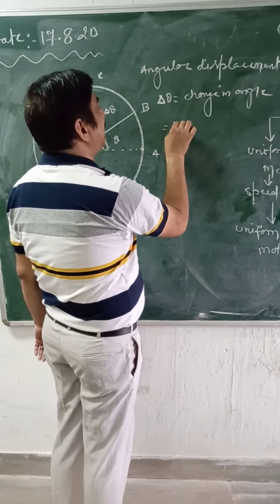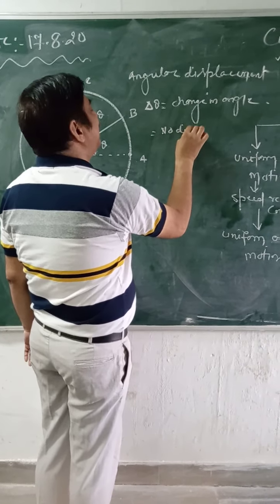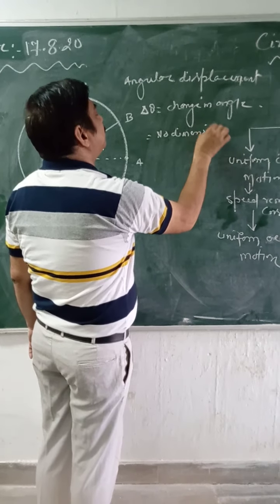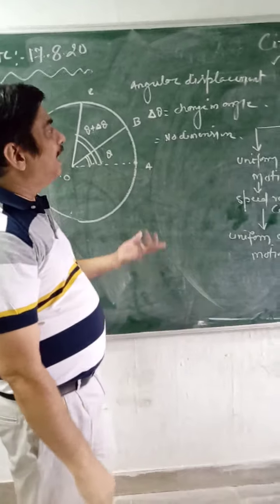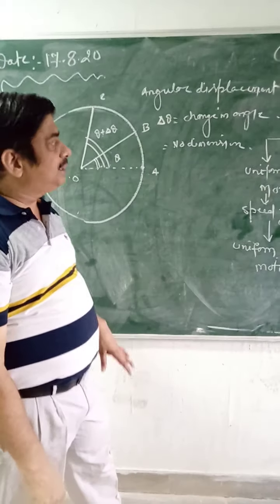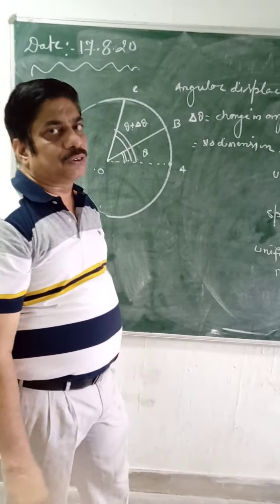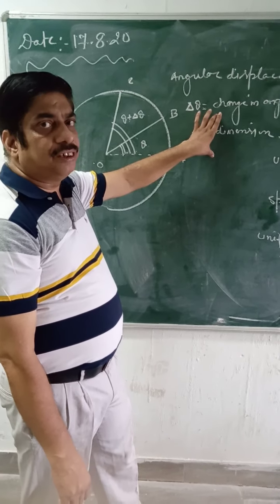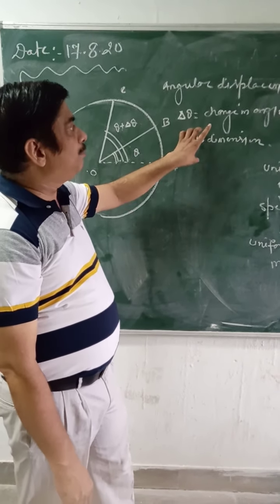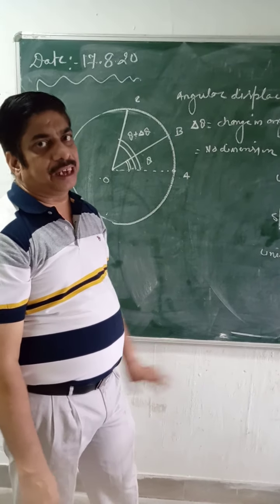There is no dimension. Why? Because angle is equal to arc upon radius. Arc can be measured in centimeter or meter, and radius can also be measured in the same unit. So the dimension is L by L, so it has no dimension.